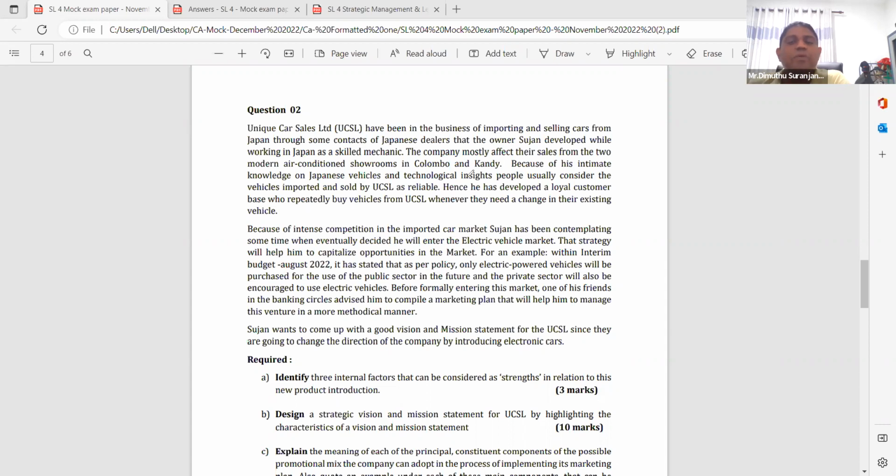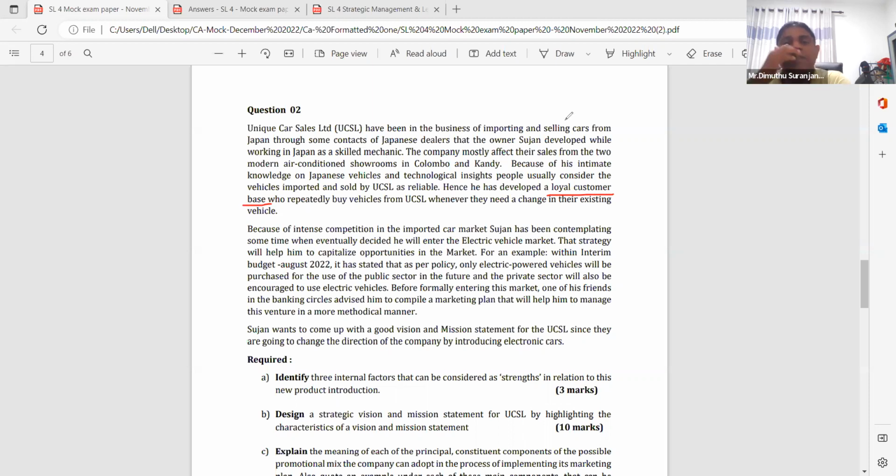And he has developed a loyal customer base who reportedly buy vehicles from UCSL when they need to change their existing vehicle. Now, if you look at these points, are there any strengths we can identify? A loyal customer base and a relationship with Japanese people. Those are strengths actually.